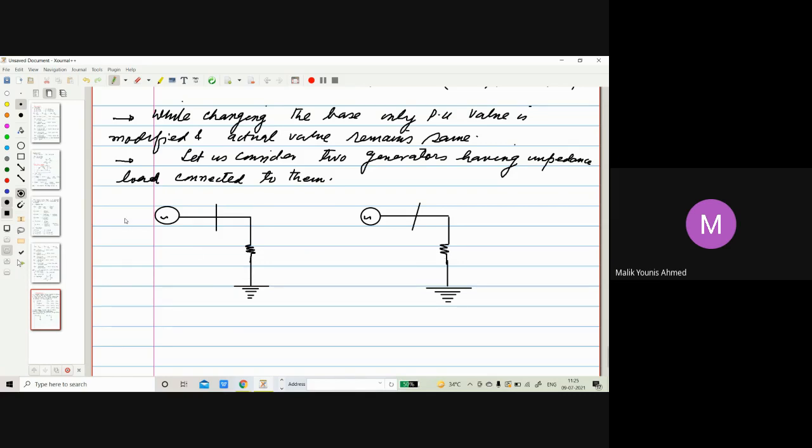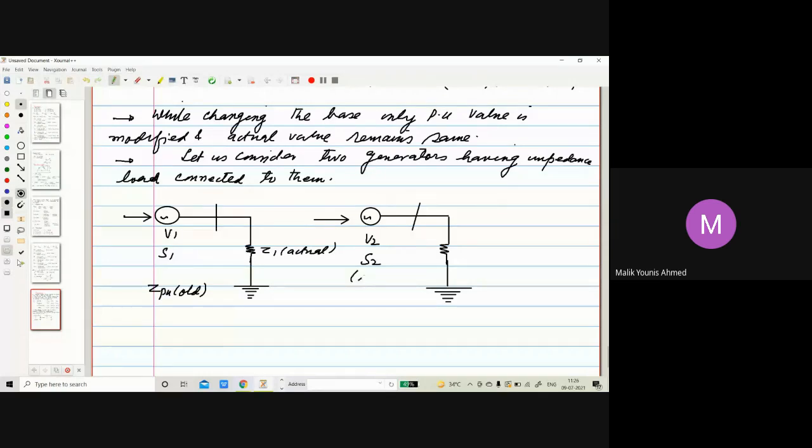So let's say for the first one, the generated voltage is V1, complex power is S1, Z1 is the actual value of the impedance for generator 1. Okay, and this will be your ZPU old. Let us say this is the old value of the impedance in per unit. Second, we have V2, voltage of the generator, complex power S2.